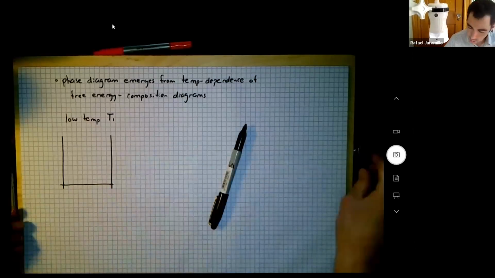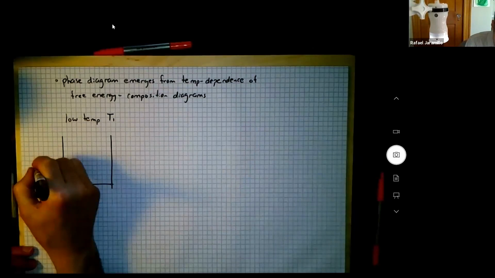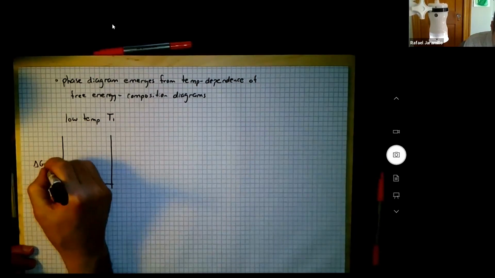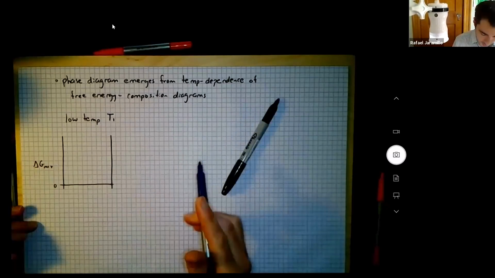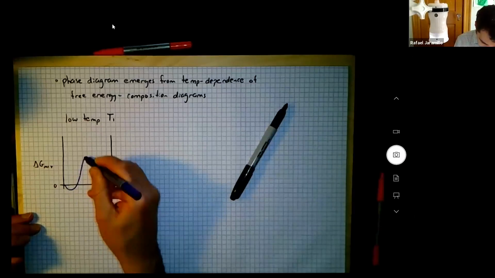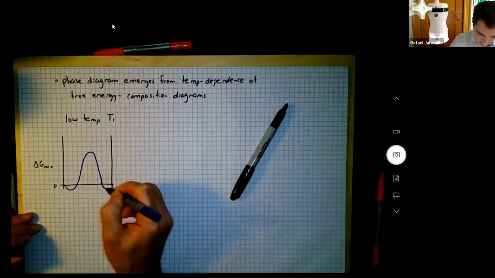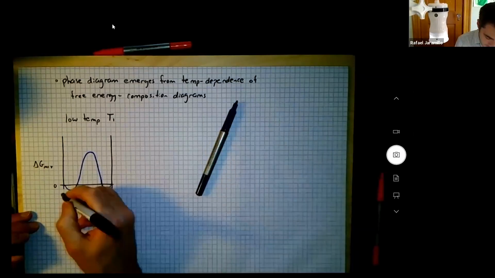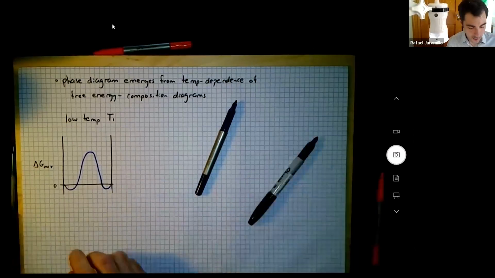At low temperature T1, delta G of mixing is basically positive, right? Let me draw it like this. This is an example. It could look like this. This system has a common tangent, right?